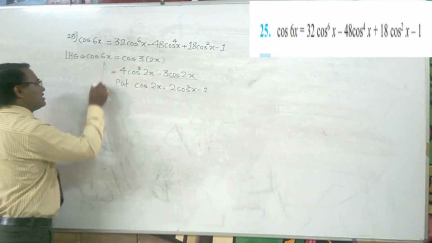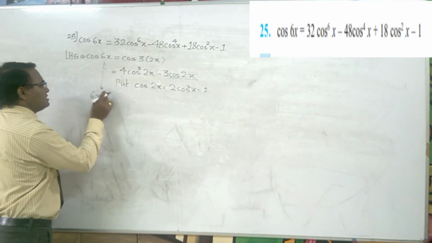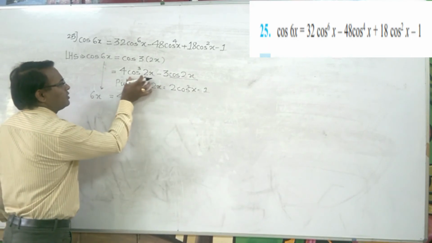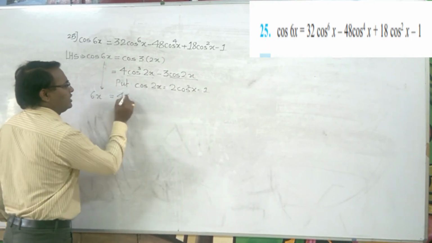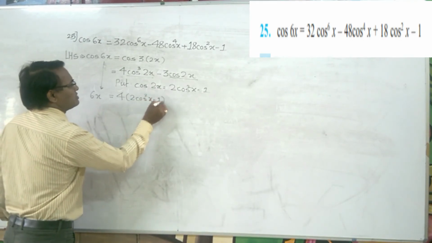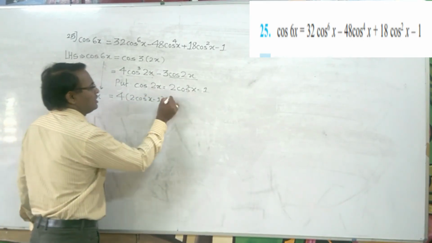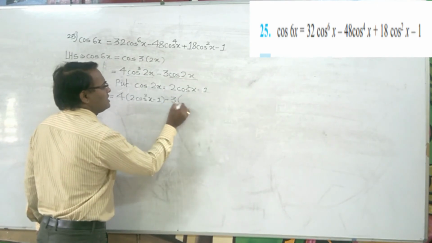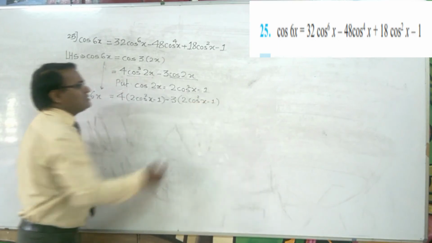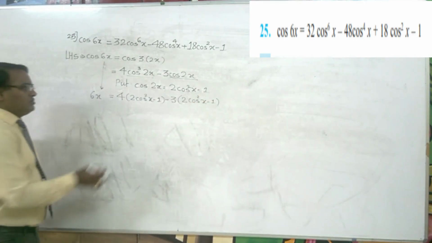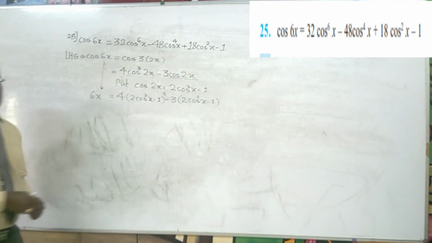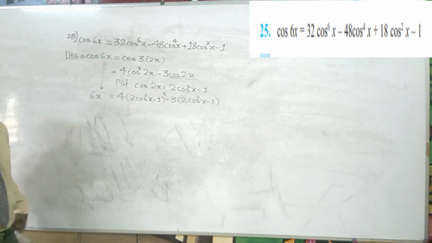So cos 6x will be as it is, then 4, and in place of cos 2x we write 2 cos square x minus 1, then minus 3 into again cos 2x, so again we write 2 cos square x minus 1. Here it is cube, so here also it will be cube.